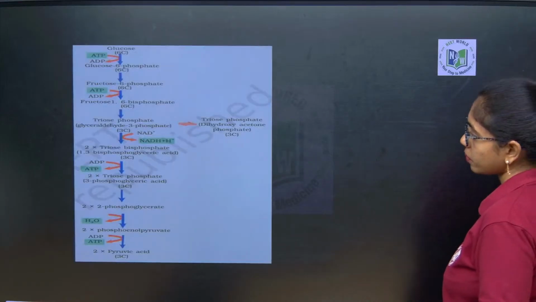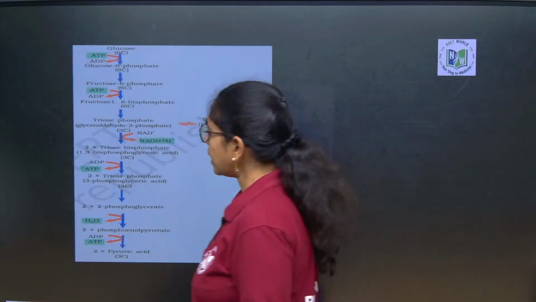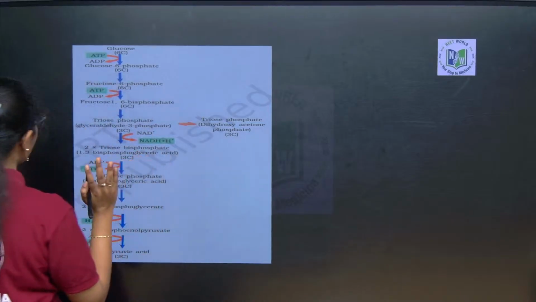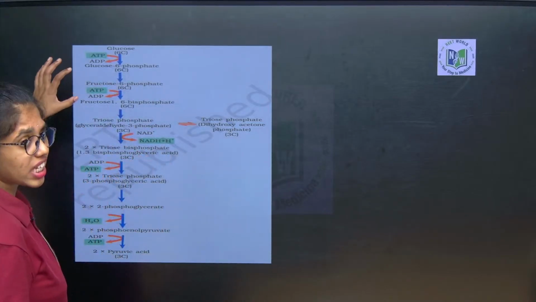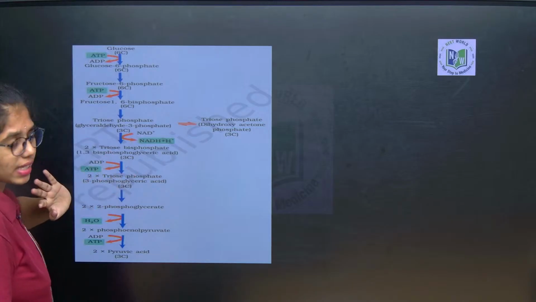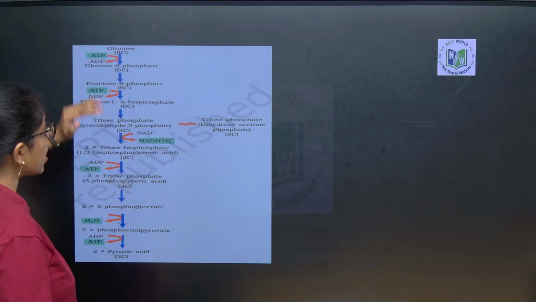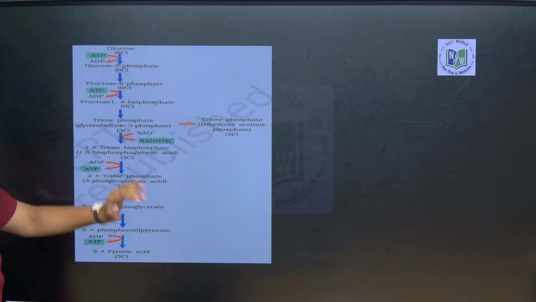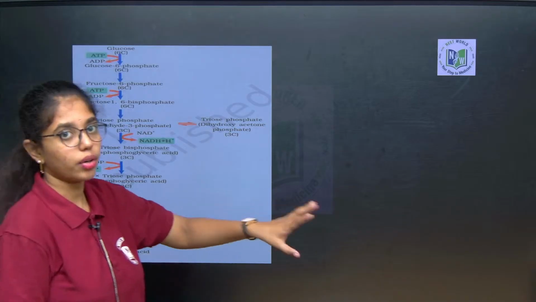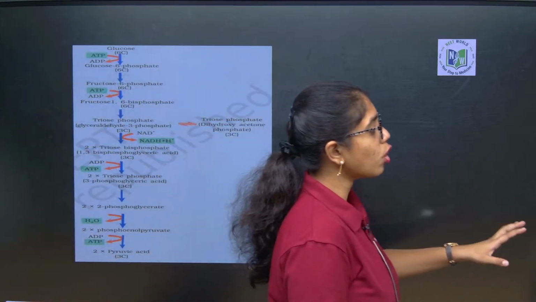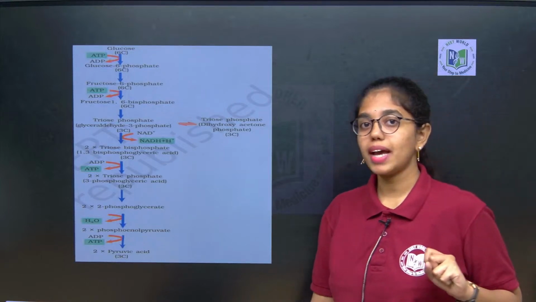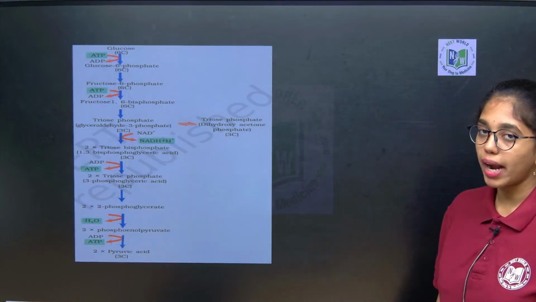And then if you clearly see the glycolysis process, here what you have to remember is at which steps the energy is utilized and what are the enzymes involved in each and every step. All these 10 biochemical reactions are important. Glycolysis is also called the EMP pathway, as it was given by Embden, Meyerhof and Parnas.